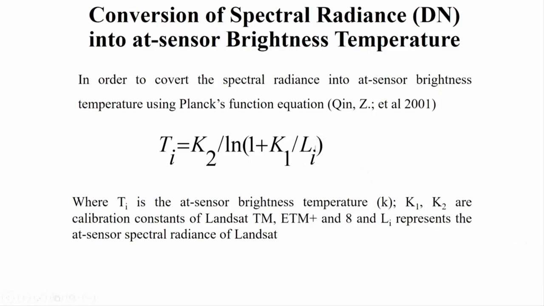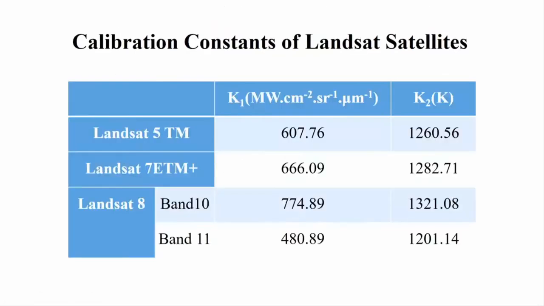In the previous slide we saw the formula to calculate Lλ. K1 and K2 are the calibration constants, and with the help of these constants one will be able to find the at-sensor brightness temperature value.